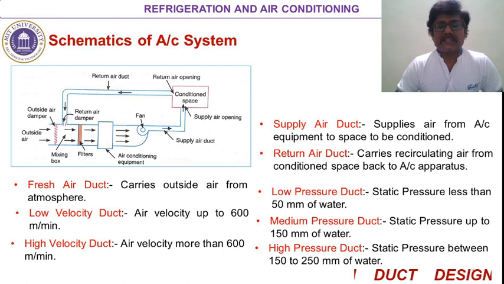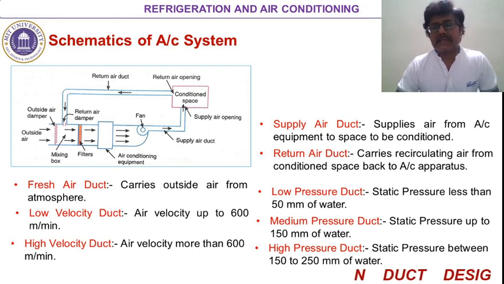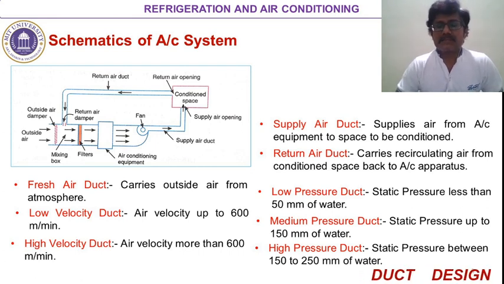Then according to the pressures, we can classify the ducts as the low pressure duct, where the static pressure is less than 50 millimeters of water. We will be looking at static pressure in some later part of the discussion. Normally the static pressure in ducts is given in millimeters of water, which is the standard practice used to express static pressure.